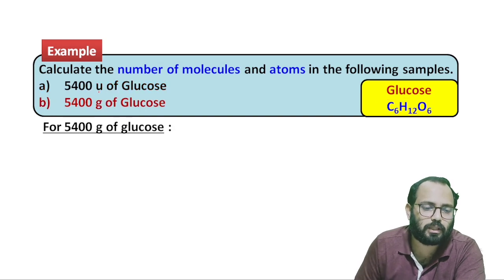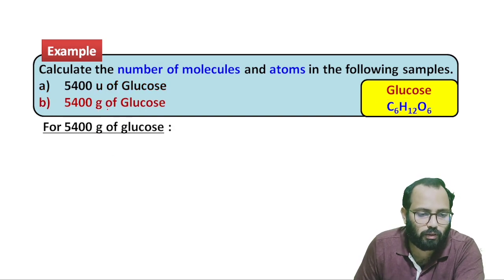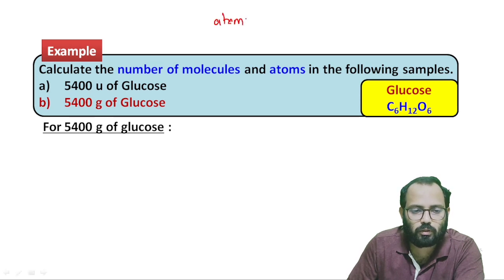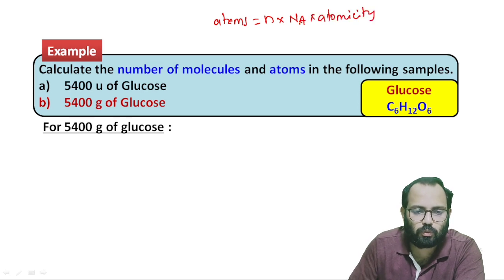In the other case, if they have given 5400 gram, then what is the equation for number of atoms? You know, number of atoms is n into Na into atomicity, right? So n into Na is nothing but the number of molecules.